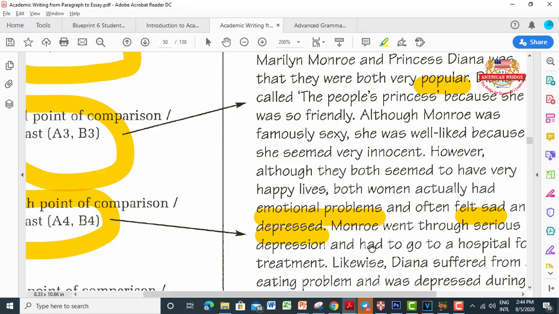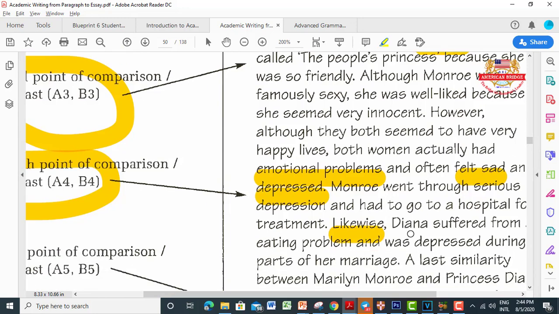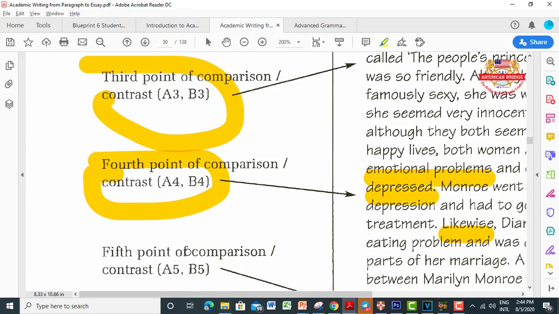That's why we use likewise here, instead of similarly. Diana suffered from an eating problem and was depressed during part of her marriage. So this is the fourth point of the paragraph.